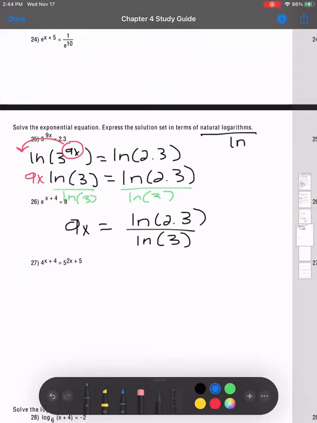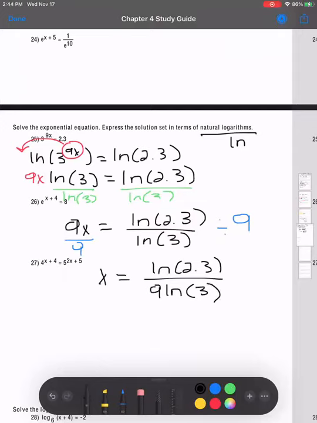And then we are going to divide both sides by 9. So what we are going to be left with is x equals ln 2.3 over 9 ln 3. And then that is your final answer for number 25.